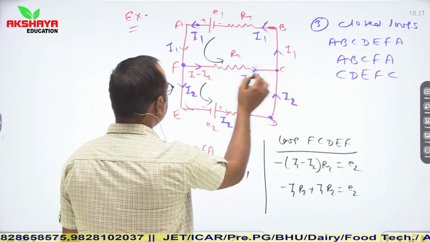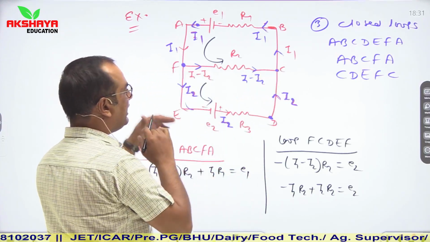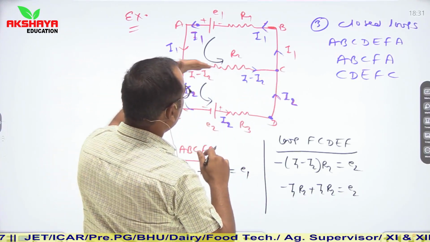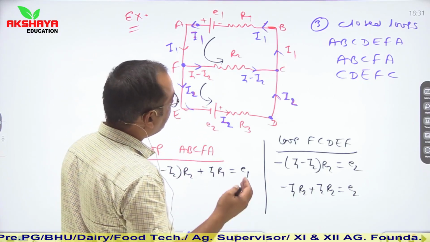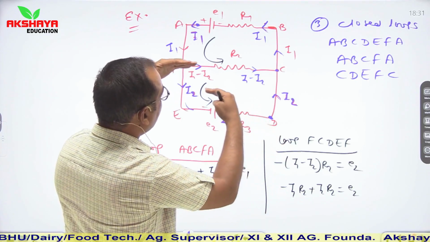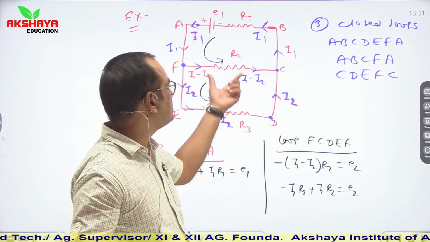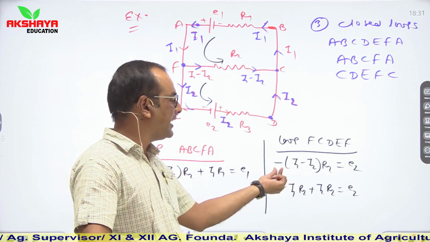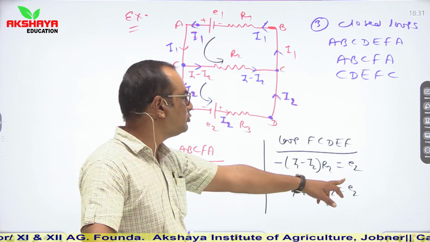Now we are moving from C to F, and current is flowing from F to C. It means our traverse in this loop is in the opposite direction of electric current, so the potential drop across this resistor is negative. So it is minus of I1 minus I2 into R2, which is equal to E2.